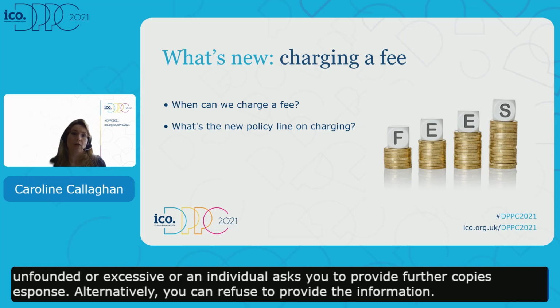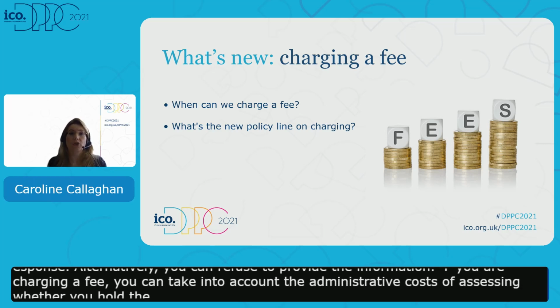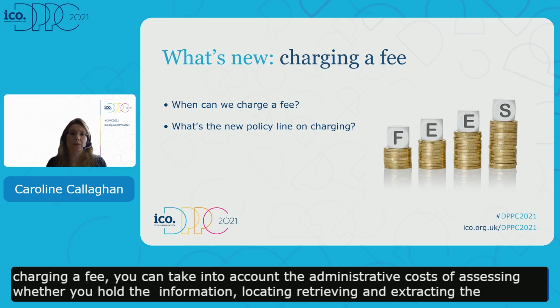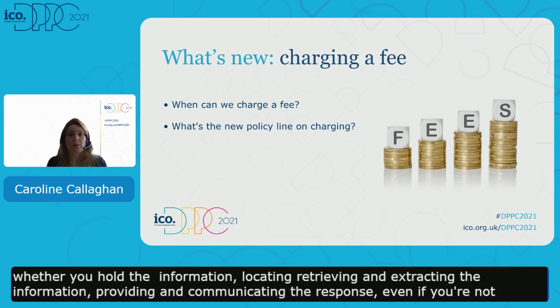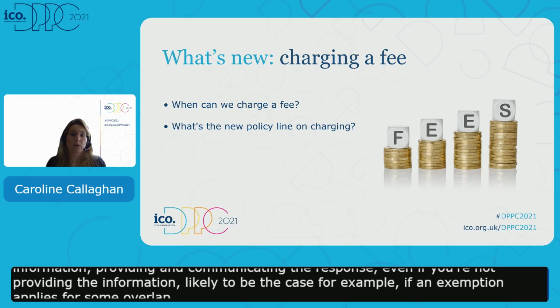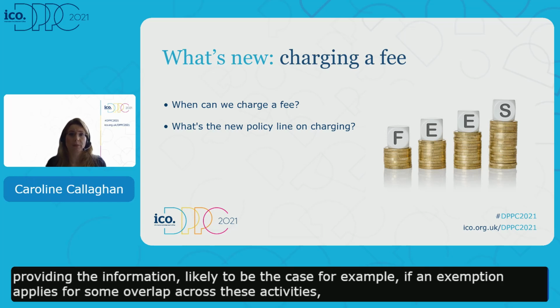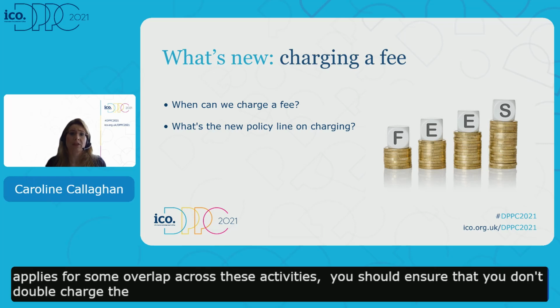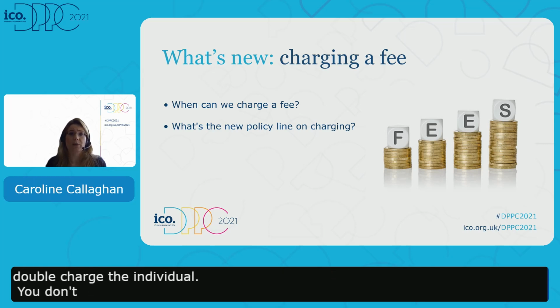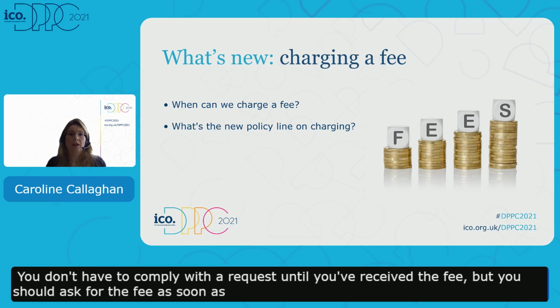If there's some overlap across these activities, you should ensure that you don't double charge the individual. You don't have to comply with the request until you've received the fee, but you should ask for the fee as soon as possible. You should also allow the individual a reasonable period of time to respond, and a month will normally be appropriate. You should never ask for a fee purely to extend the period of time you have for responding to a request.